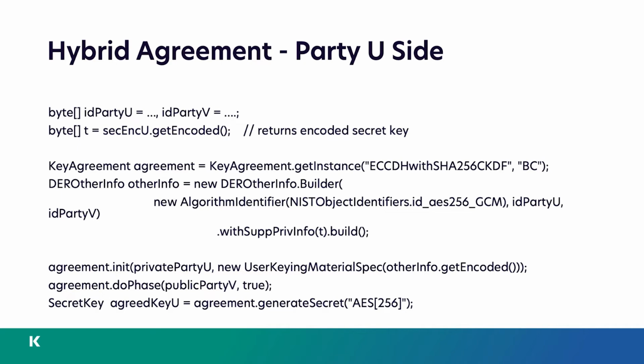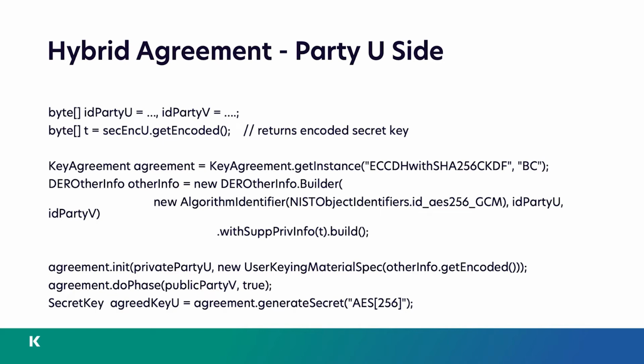Next step is to initiate the agreement, and we do that with party U's private key, and we create a hybrid value parameter spec by using the T-value and the DER other info object that we created.